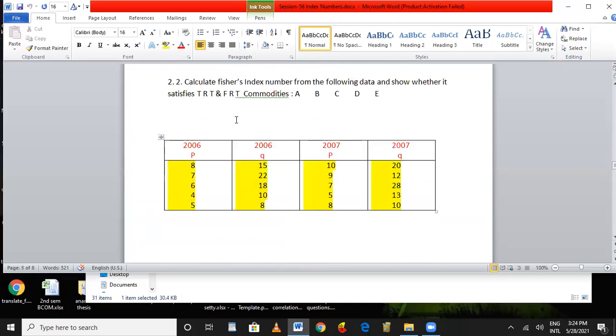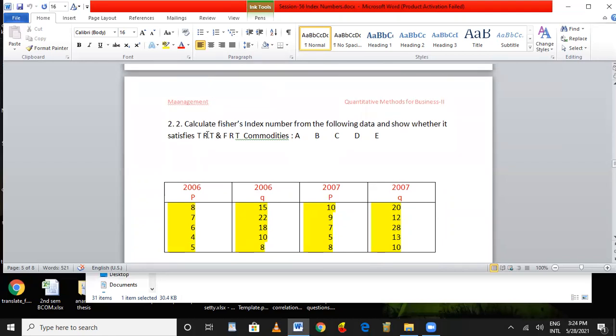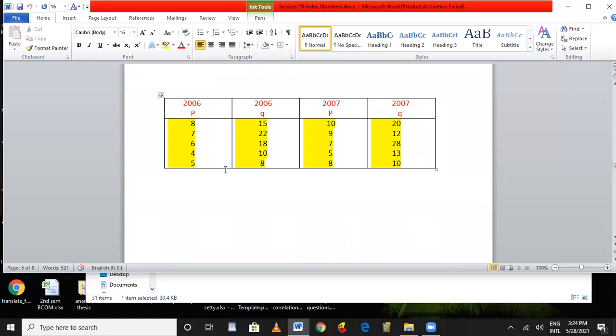Then in the same way, consider another problem: calculate Fisher's index number from the following data and show whether it satisfies TRT and FRT. There are five commodities, A, B, C, D, E. We have to calculate Fisher's index number, then check TRT and FRT.